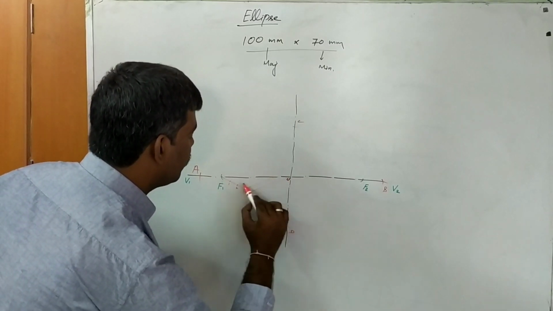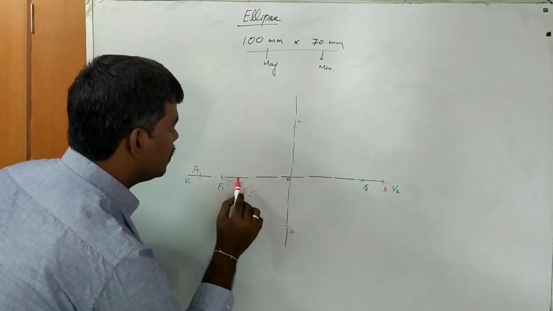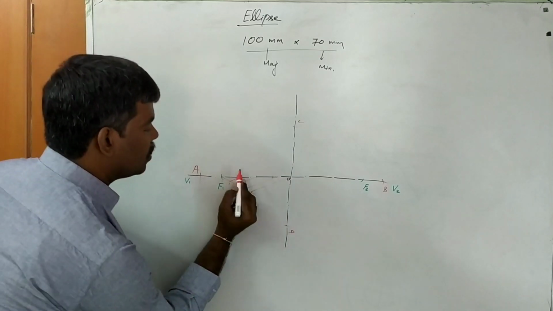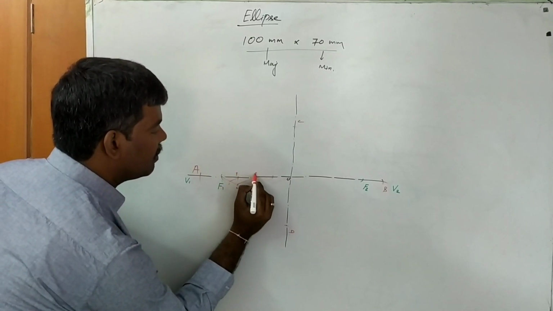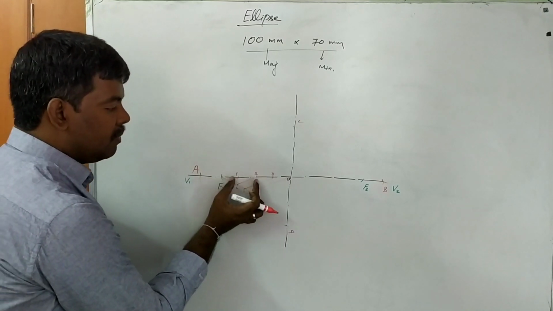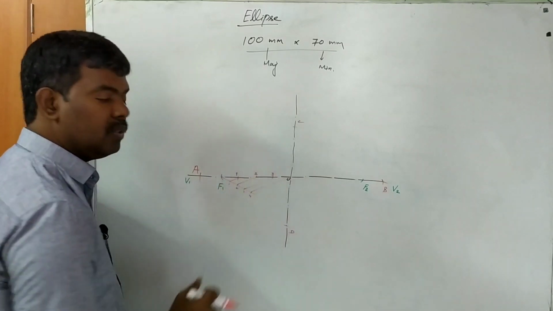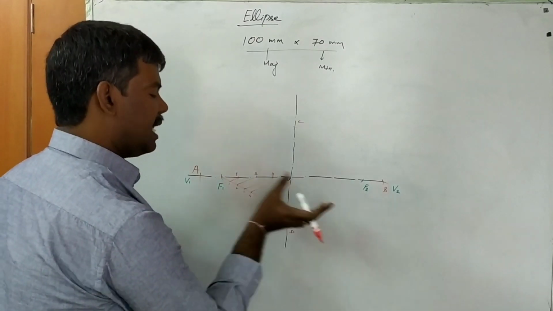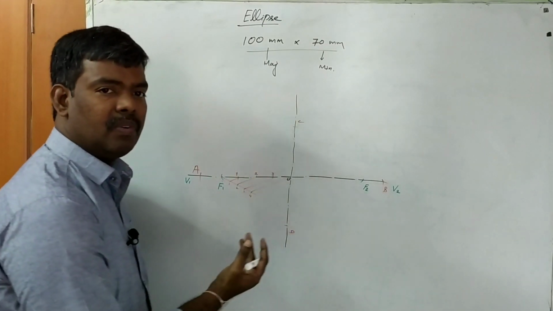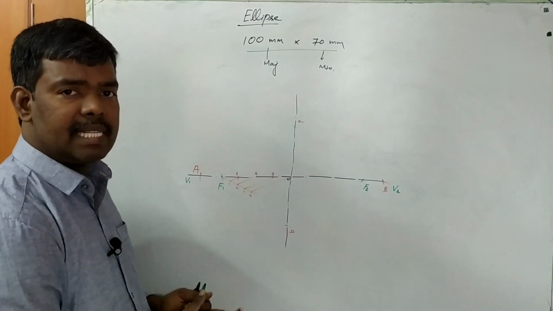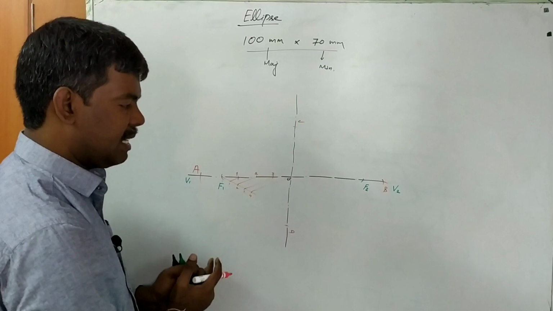After that you draw the parallel lines. So these are the equal parts: number 1, number 2, number 3. So F1 to 1, 1 to 2, 2 to 3, 3 to center O. Same on the other side also, but either the left side or the right side, one side is enough. No need for both sides. Clear.